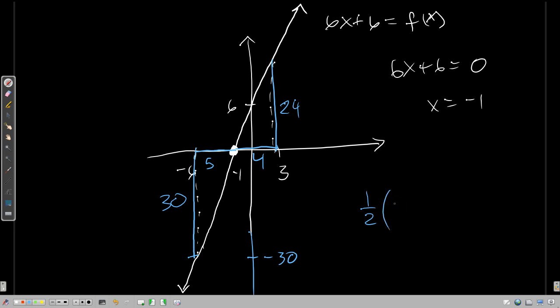So it's 1/2 times 30 times 5 plus 1/2 times 4 times 24, and you get, oh boy, 150 divided by 2 is 75, and then 4 times 24 is 96, divided by 2 is 48.